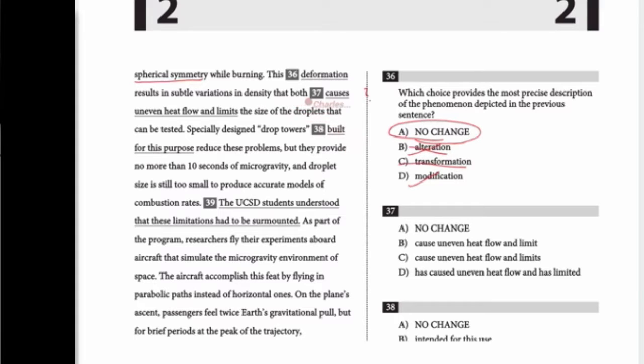Subtle variations in density that both causes uneven heat flow and limits the size of the droplets. So it's variations in density that cause. So the variations cause, with density in the prepositional phrase.